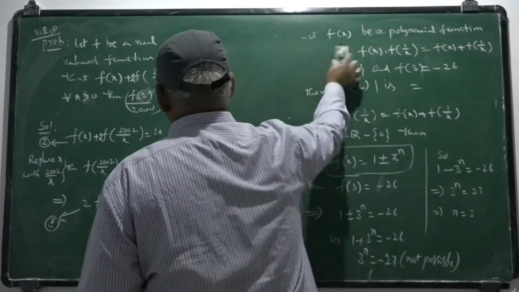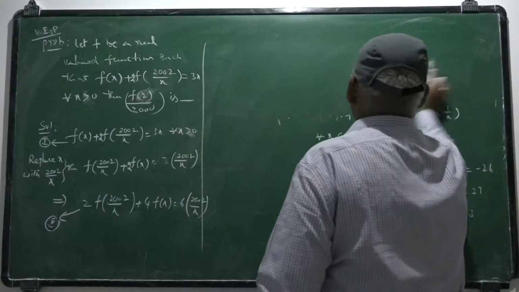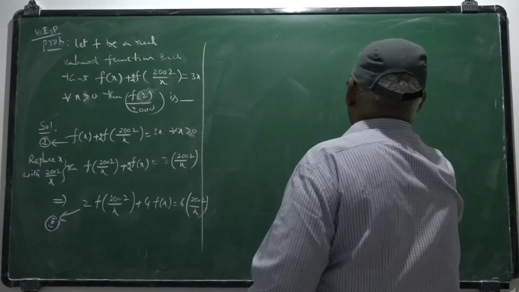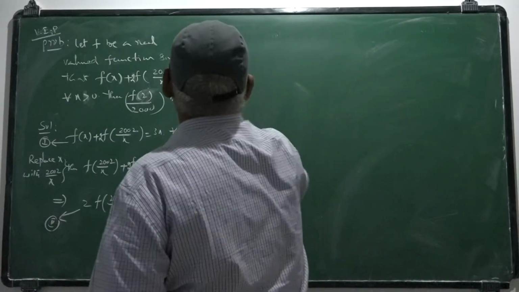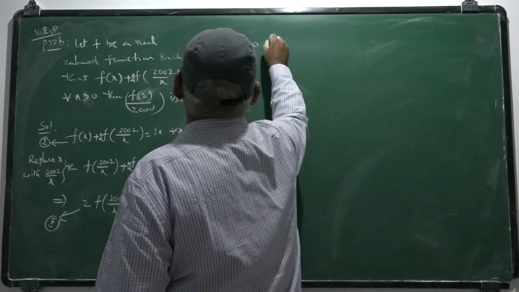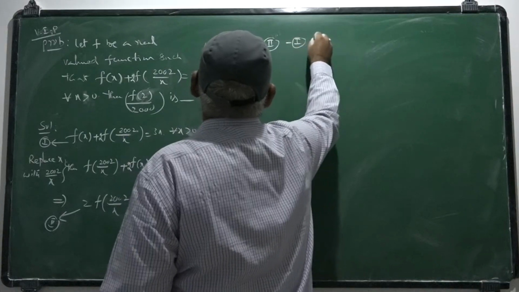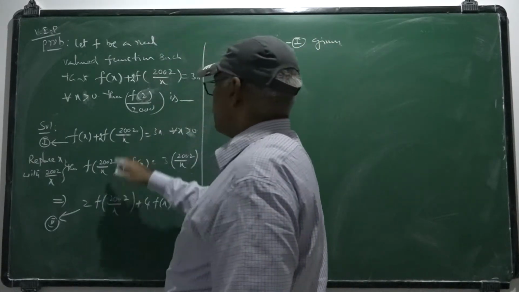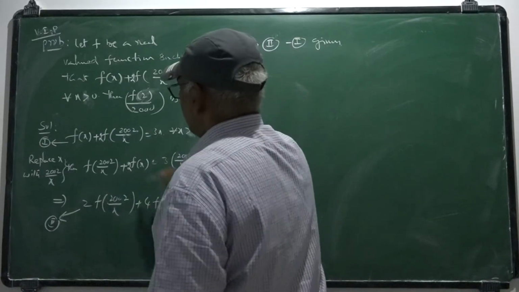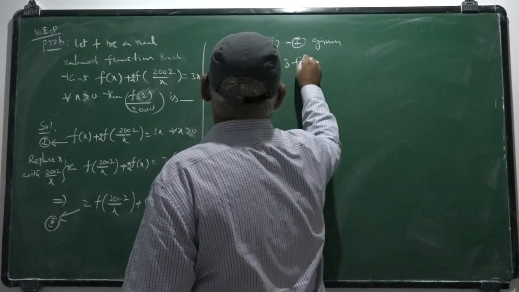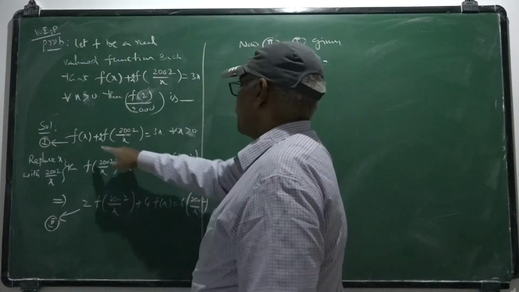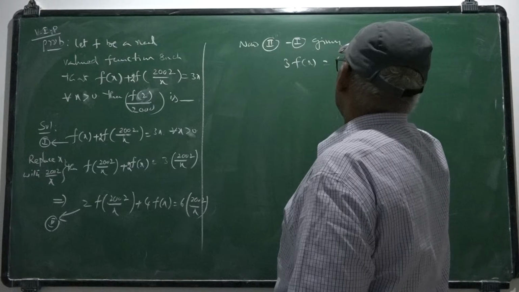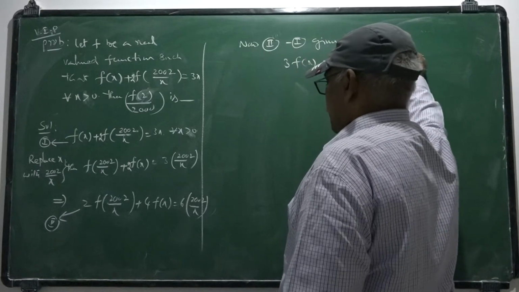Now eliminate f(2002/x). Equation 2 minus equation 1 gives us 4f(x) minus f(x), which is 3f(x), equal to 6 into 2002/x minus 3x itself.